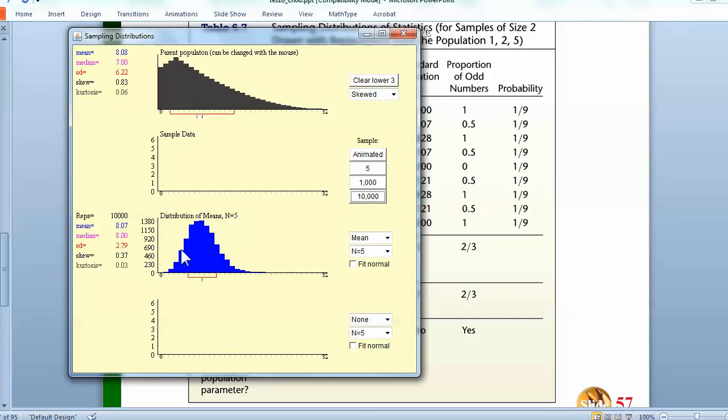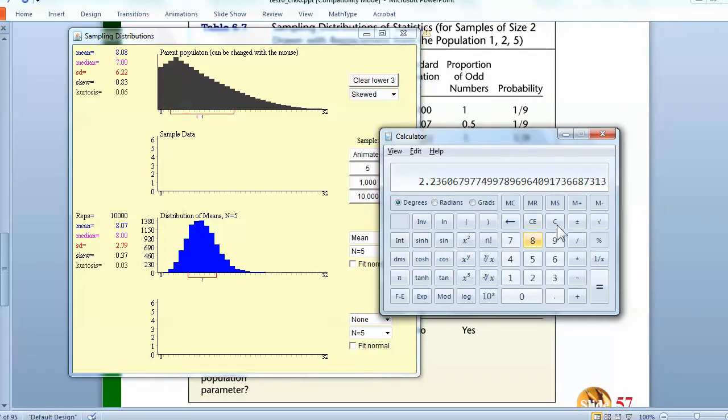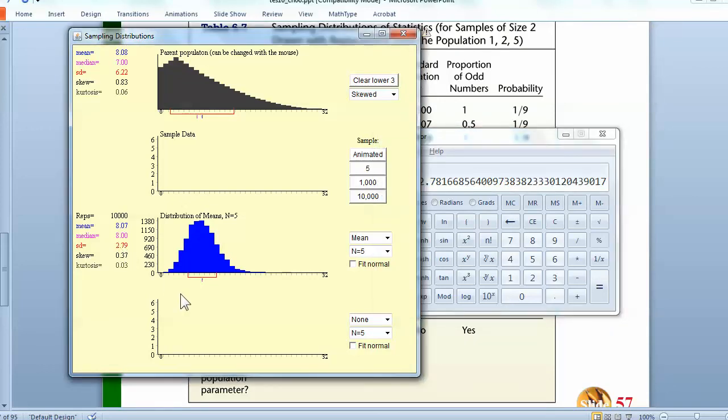But the standard deviations, 6.22 and 2.79, should match up by taking 6.22 and dividing by the square root of, we're still using 5, so our n is 5, and it's 2.78. Obviously they've got different approximation going on, but that's why we've got 2.79 right there. So that is very key.